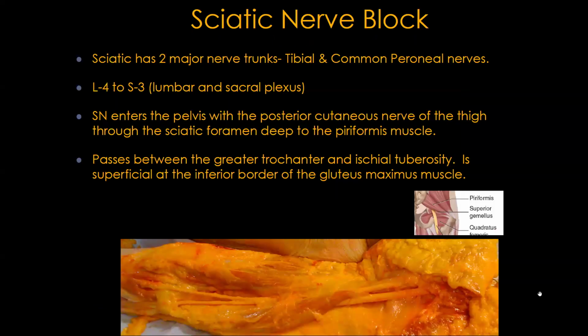So this is a cadaveric dissection that I did, and I took a picture because I wanted to point out that subgluteally, this is proximal, this is distal, it's really 2 nerves. You think of it as the sciatic nerve, but it's really the posterior tibial and common peroneal all the way up. But it is wrapped in a paraneurium.